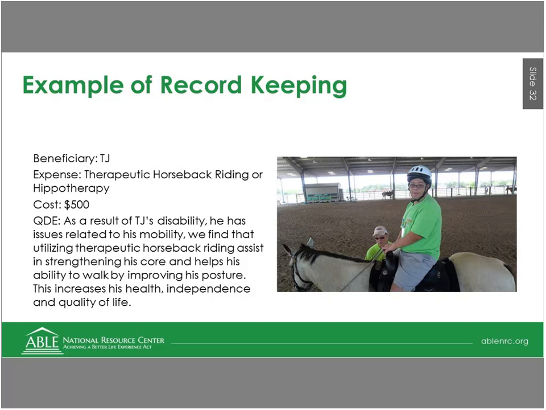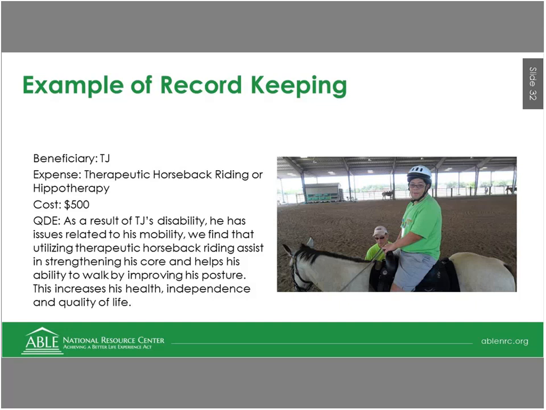Well, as a result of my brother TJ's disability, he has issues related to his mobility. He has problems with his walking. And we have found, my parents and I, that utilizing therapeutic horseback riding assists in strengthening his core and ultimately helps his ability to walk by improving his posture, right?